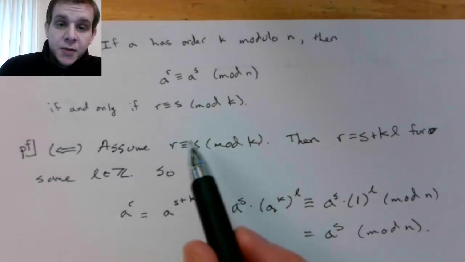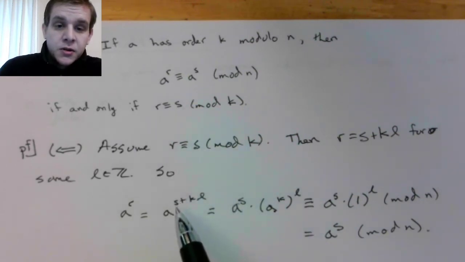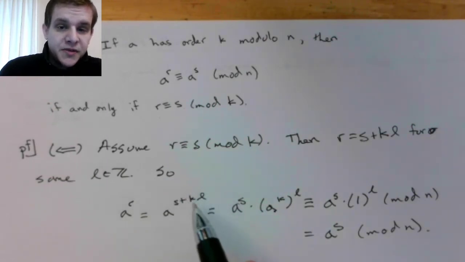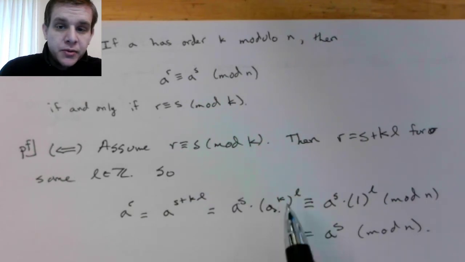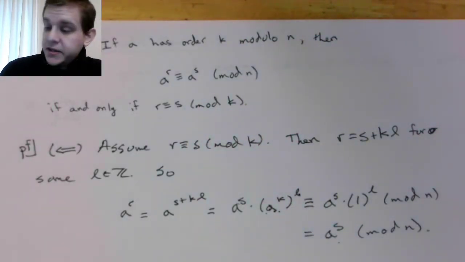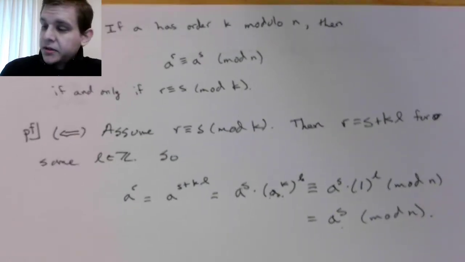I know that s is congruent to r, so going along r times is the same as going along s times, and then going along the loop a certain number of times. And each time I go around the loop, if I go around the loop l times, each time I'm multiplying by 1. So I get back to a to the s. So I hope this is clear.